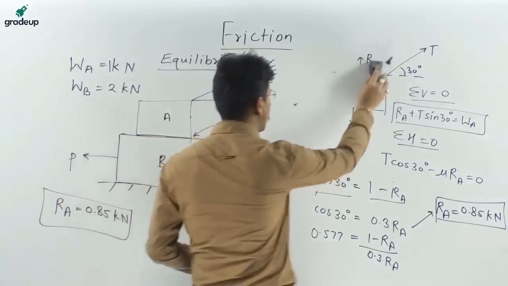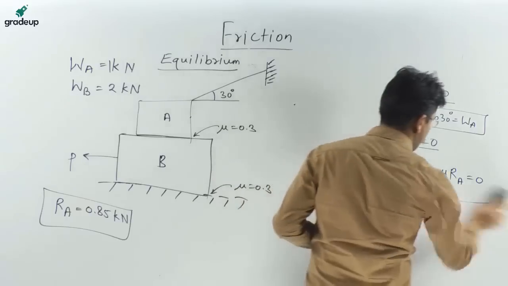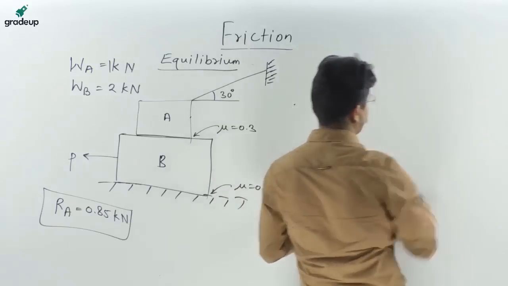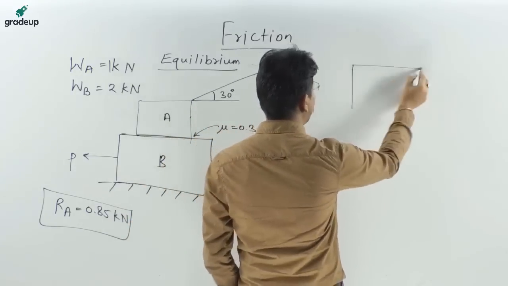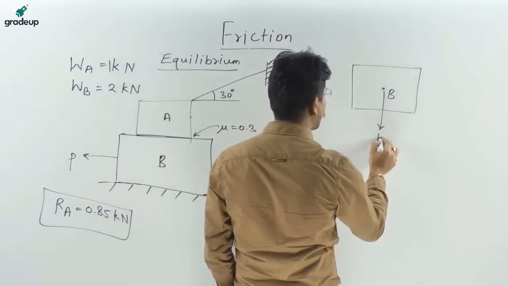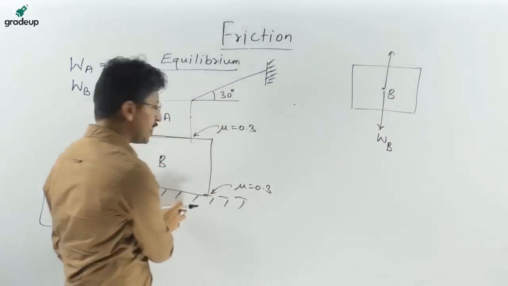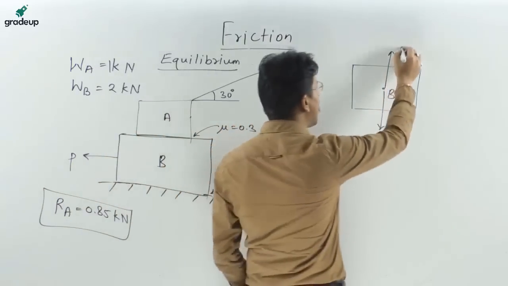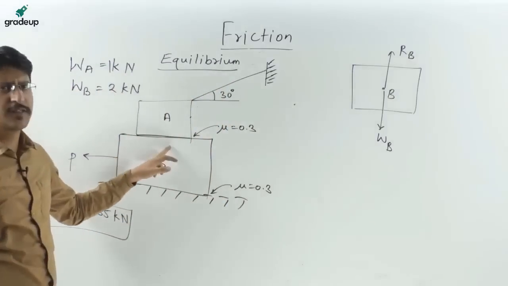Now, drawing the FBD of the body B, the weight will act in the downward direction. The reaction from this bottom surface will be there, that is RB, and the weight of this body will also act on this.